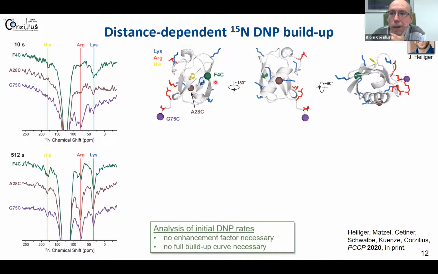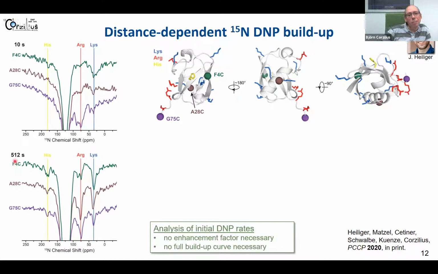And we see that the lysines are clustering around this F4C residue here. Whereas for G75C, we see the arginines are really strong initially. And we see here that the arginines are also clustering mostly around the G75C terminus. And for A28C, the situation is rather in between.